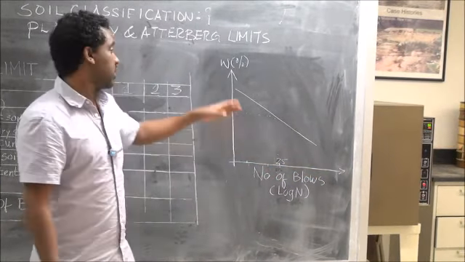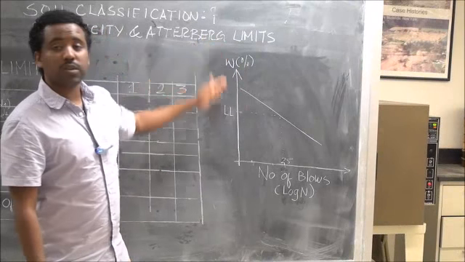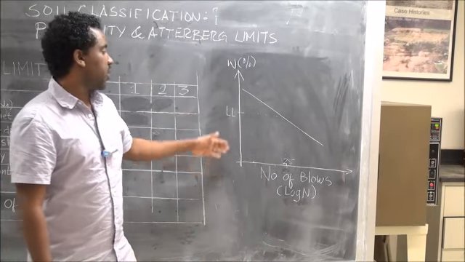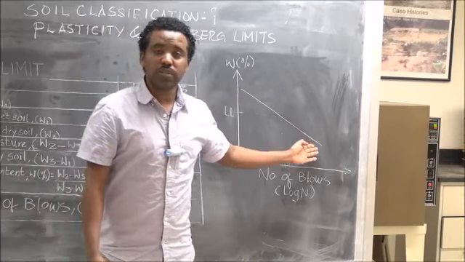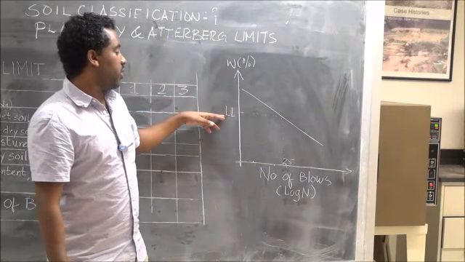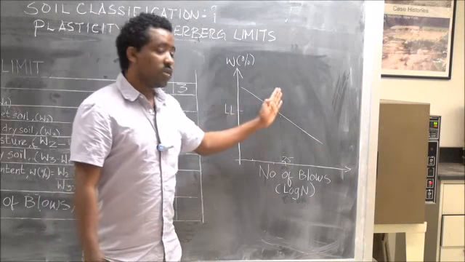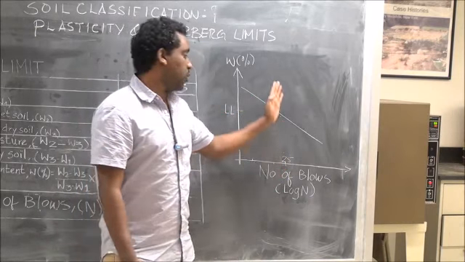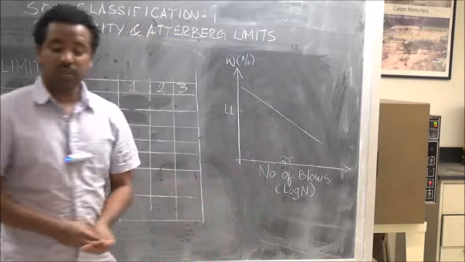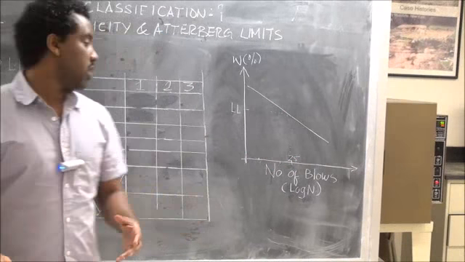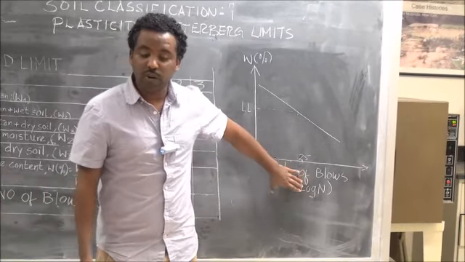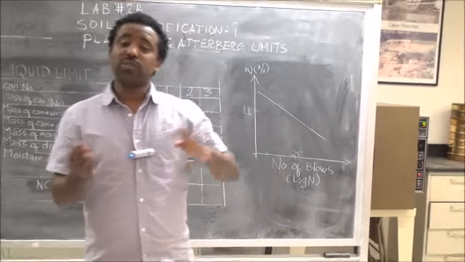It should be in the log scale, and the water content in the vertical axis. So from this plot, the liquid limit is the corresponding water content for the 25 number of blow counters.